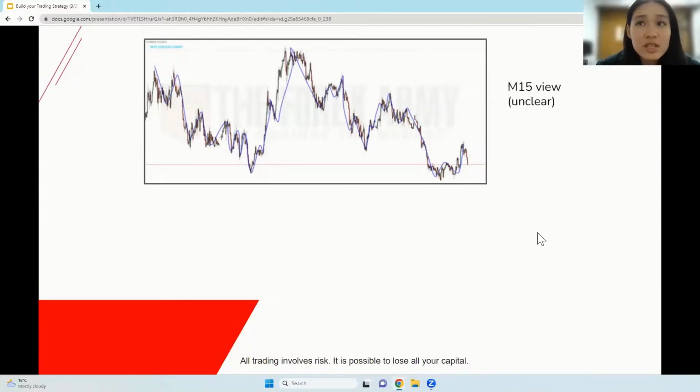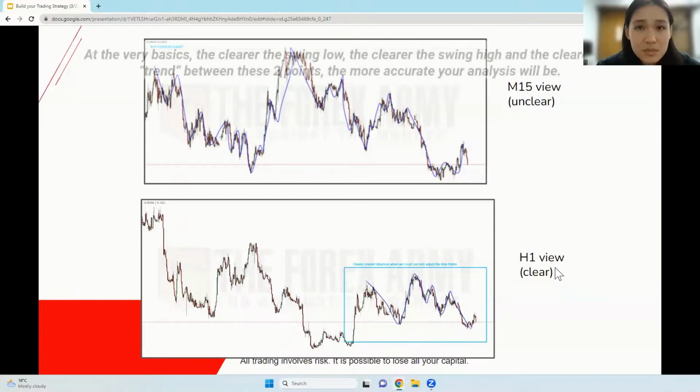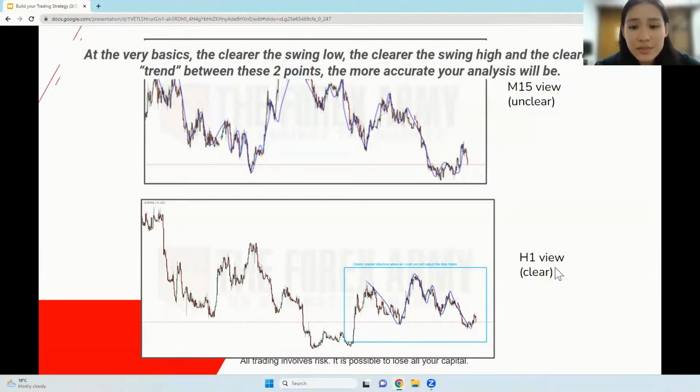Before I get into that, I just want to show you that the more important thing is to look for clear market structures. You can see on the M15 here, it's pretty unclear market structure, whereas on our H1 view, it's a pretty clear shape.